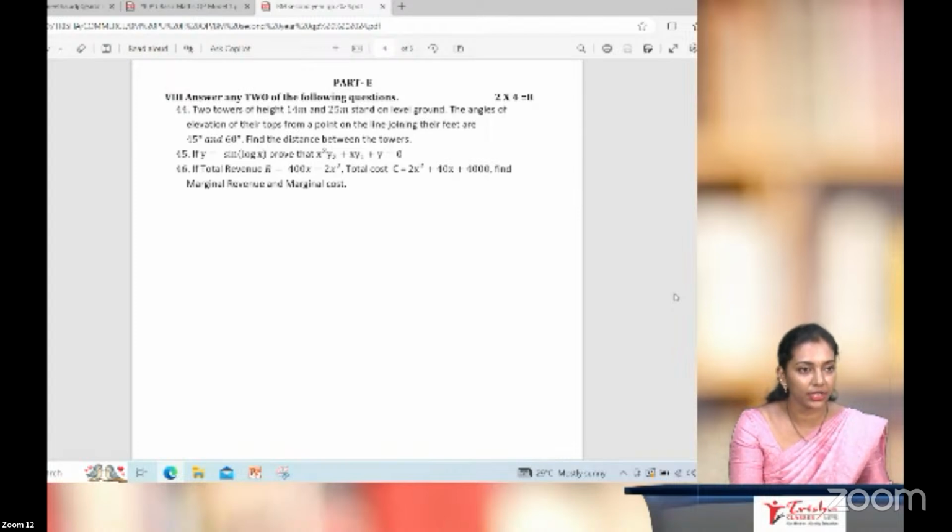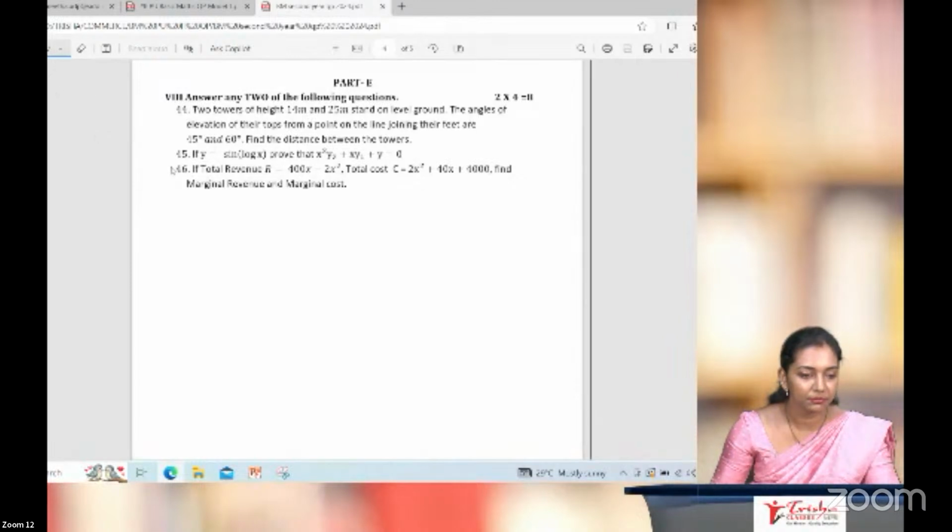In your textbook there are problems with the whole cube in the denominator that you can avoid, so that will not be asked. You can concentrate on just these types of questions. For example, y is equal to sine, one of the examples I have given here, the 45th question, if you can observe. So you have to take double differentiation.